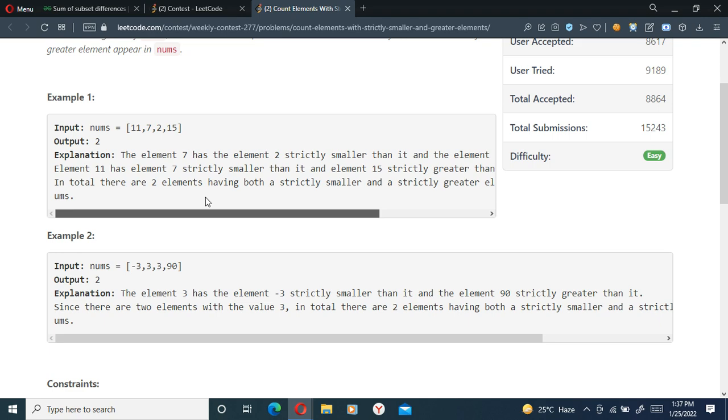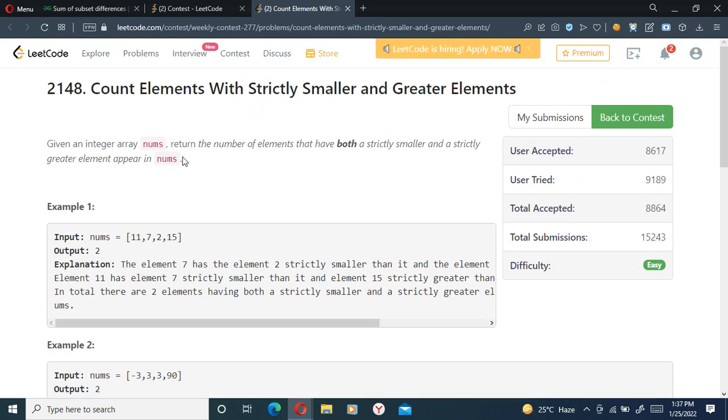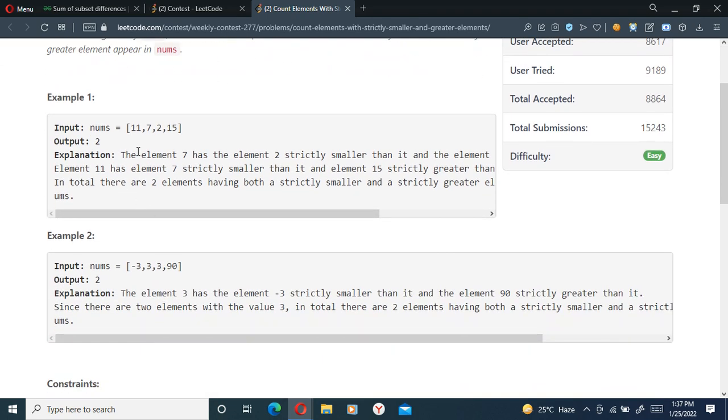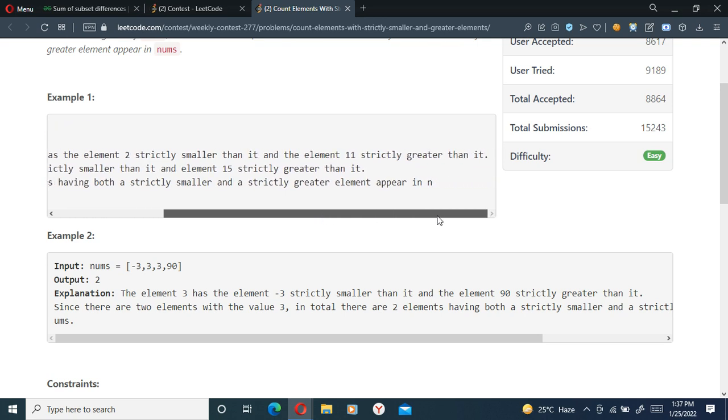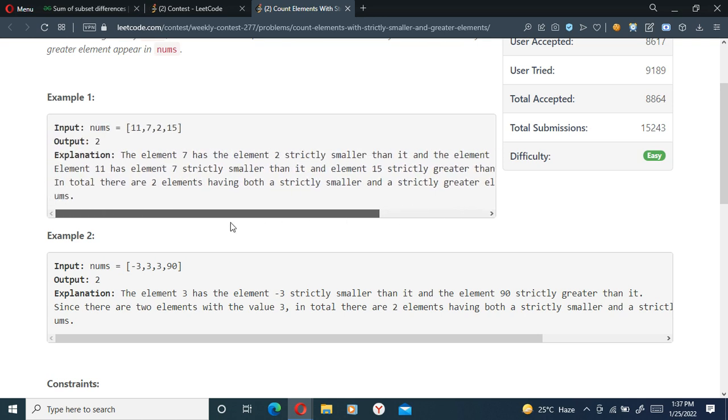Wait a minute, given integer nums, return the number of elements that have both a strictly smaller and a strictly greater element appearing in nums. The element 7 has the element 2 strictly smaller than it, fine, and the element 11 strictly greater than it. Okay, that is also fine.